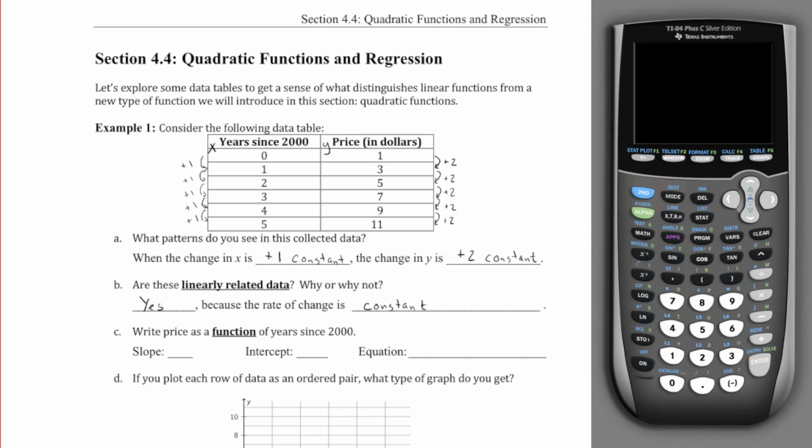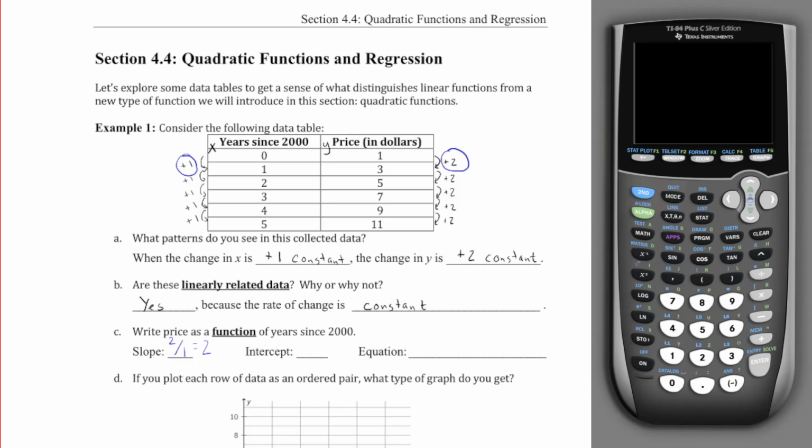We see that we have an increase in 2 of Y, an increase in 1 of X. So our slope is the change in Y over the change in X, or just 2.